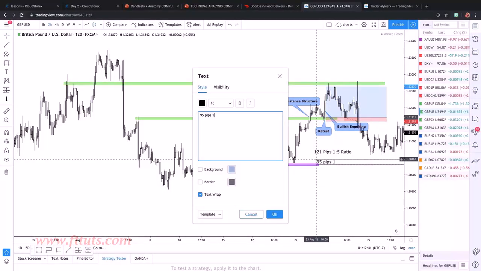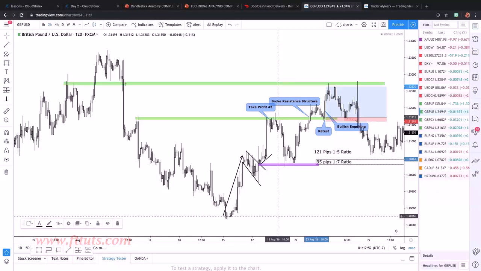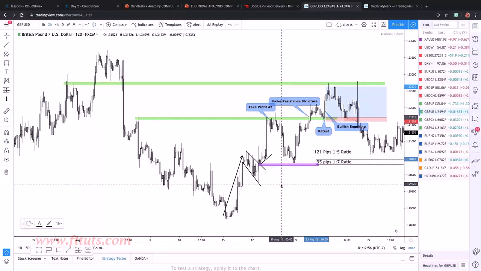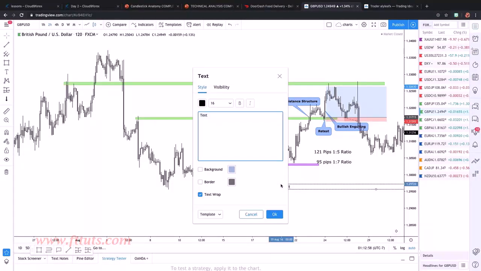So 95 pips and a 1 to 7. So then when we want to calculate the pips, we just go 121 plus 95. So let me just do that. 121 plus 95 equals 216.